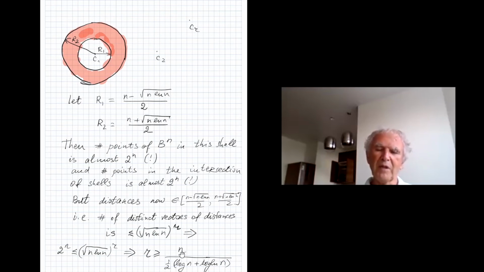2 times n divided by log n, and this log n is a small value. Erdős and Rényi used another proof, based on an information theory technique on entropy.